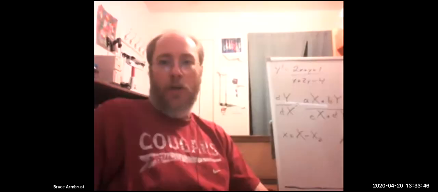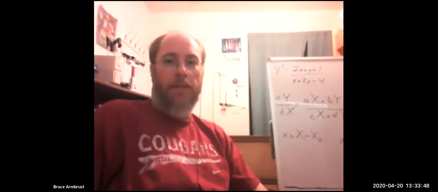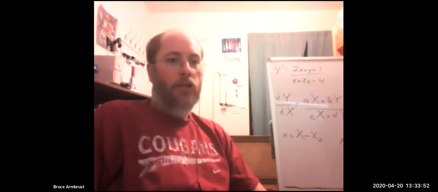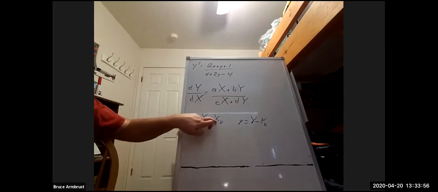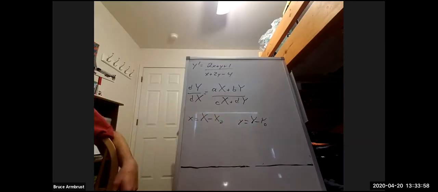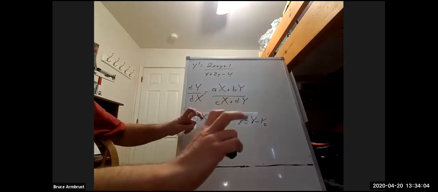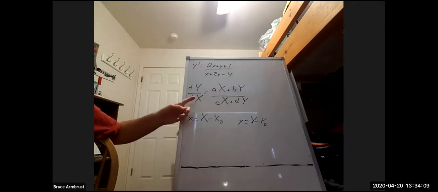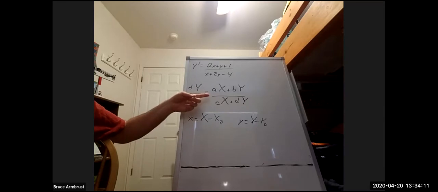All right, so we good? Let's jump back and see if we can take care of this. What we need is to find x naught and y naught. We need to figure out what those values are. We need to choose them appropriately so that we can do this substitution and get something that's homogeneous nonlinear.